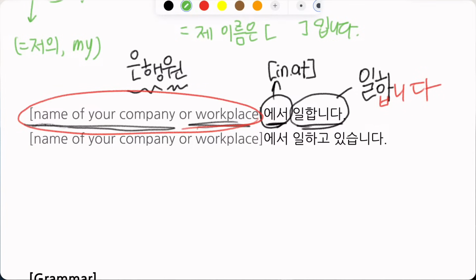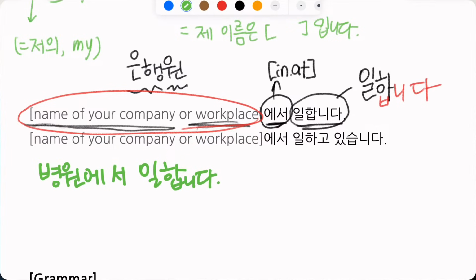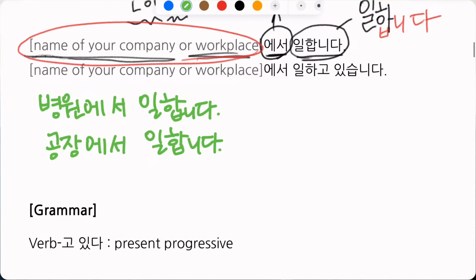So if you work at a hospital, for example, you can say 병원에서 일합니다. If you work at a factory, you could say 공장. 공장 means factory. 공장에서 일합니다. If you work at, you could also specify your company name. Like for example, if you work at Samsung, let's say, 삼성에서 일합니다. You could say like this.